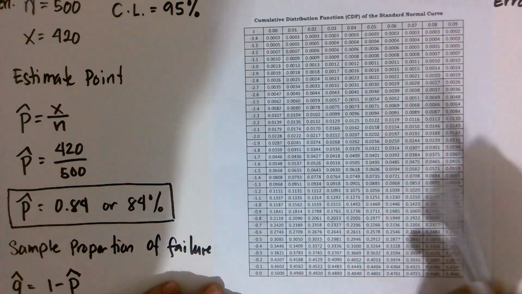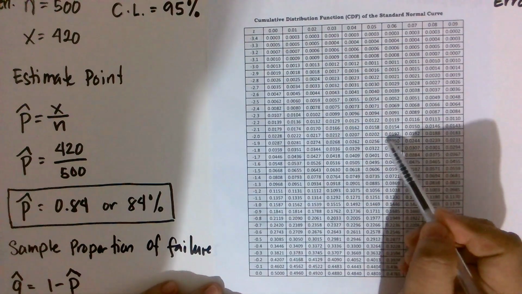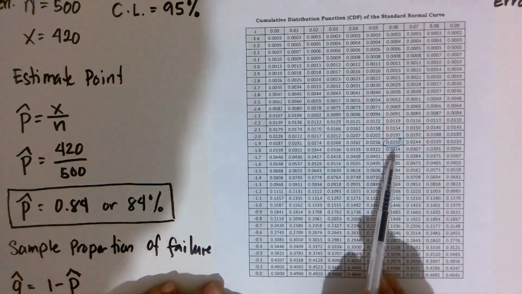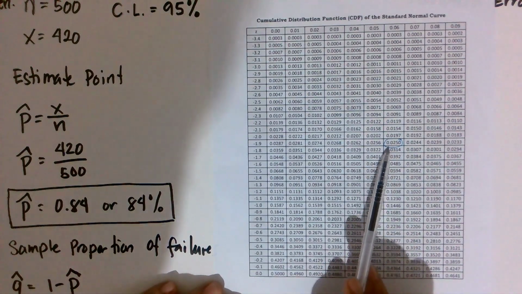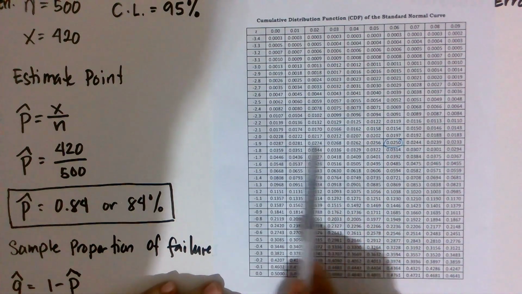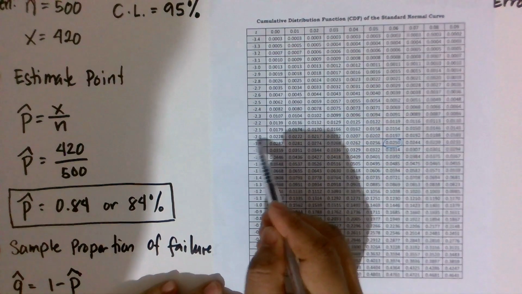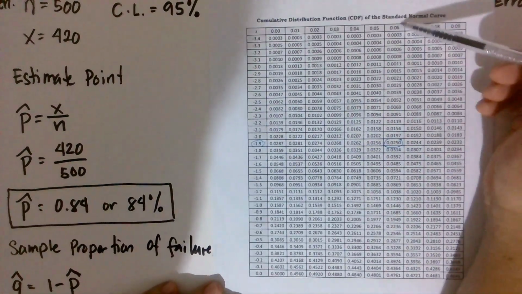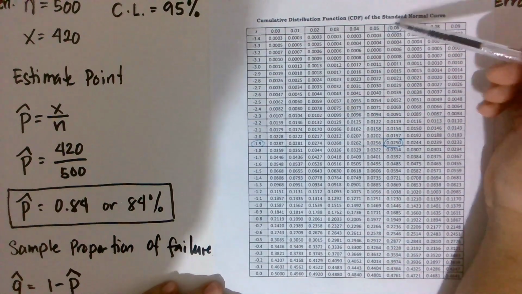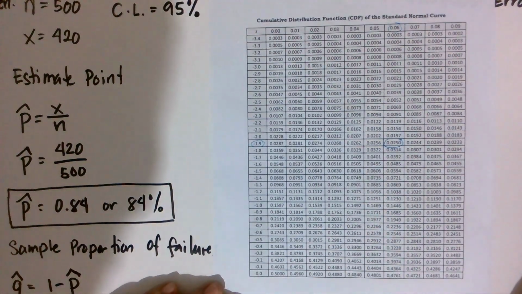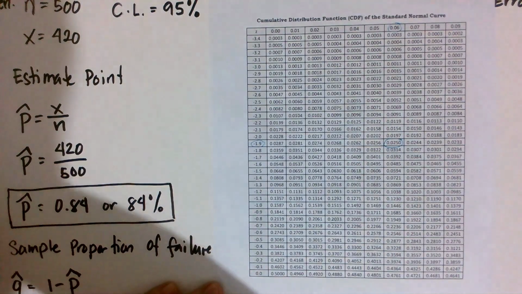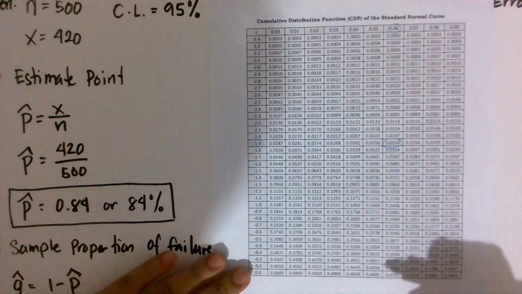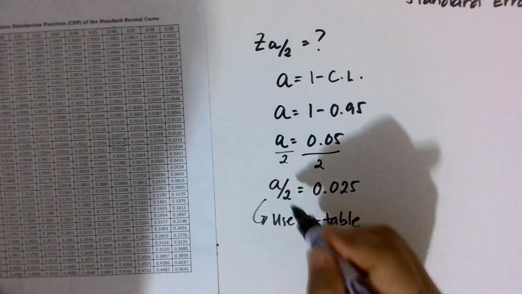So ganyan ang paggamit ng Z table. Hanapin niyo yung area na yan, tapos yung nasa leftmost column niya, that is 1.9. Okay? Tsaka yung nasa taas niya 0.06. So pag pinagsama natin sila, yun na yung magiging value ng ating Z critical value, and that is 1.96.